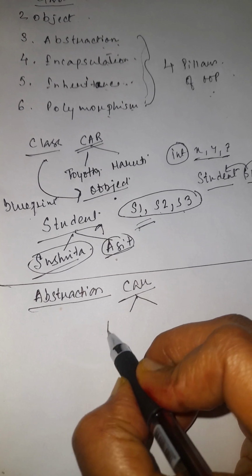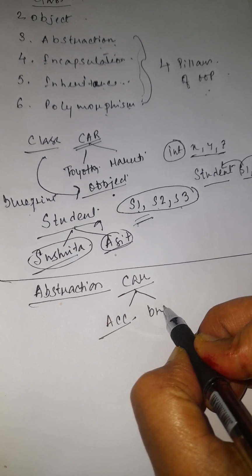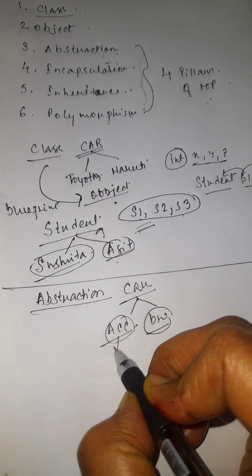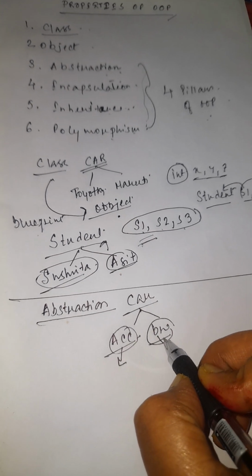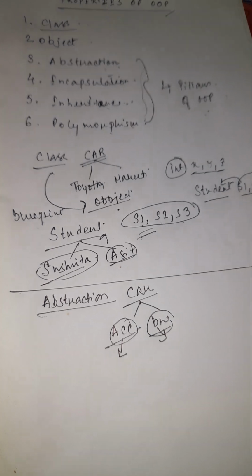First one is maybe the accelerator, and next one is the brake. Clear? The accelerator increases your speed and the brake will stop your car. If you know only this much, you can drive your car.